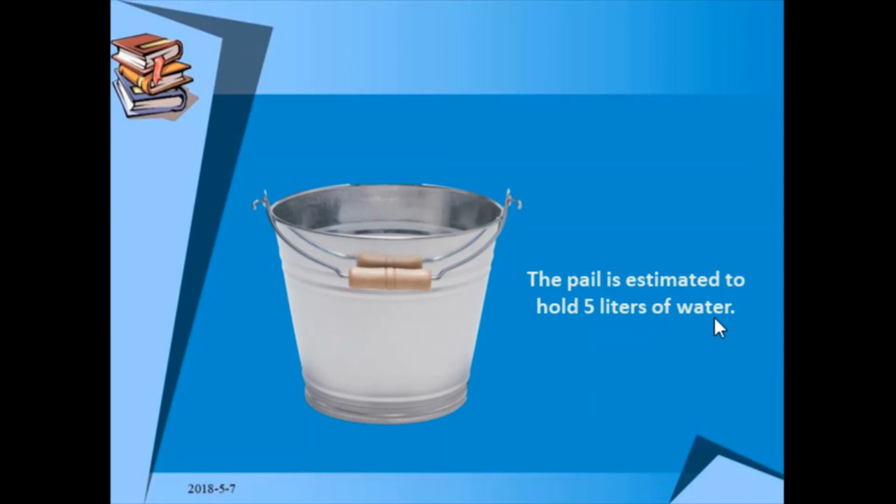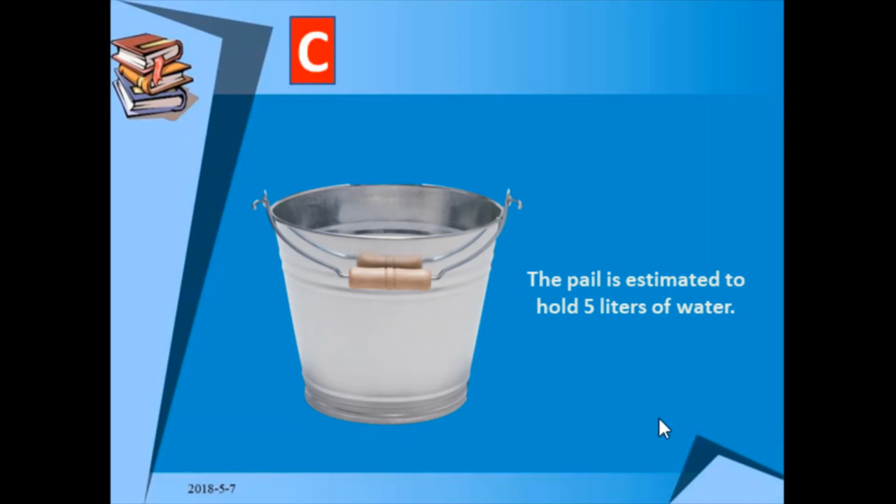Again, I'll repeat. The pail is estimated to hold 5 liters of water, which means this pail can hold at least 5 liters of water or even more. Okay? That is one way to say the capacity measurement of a tool.